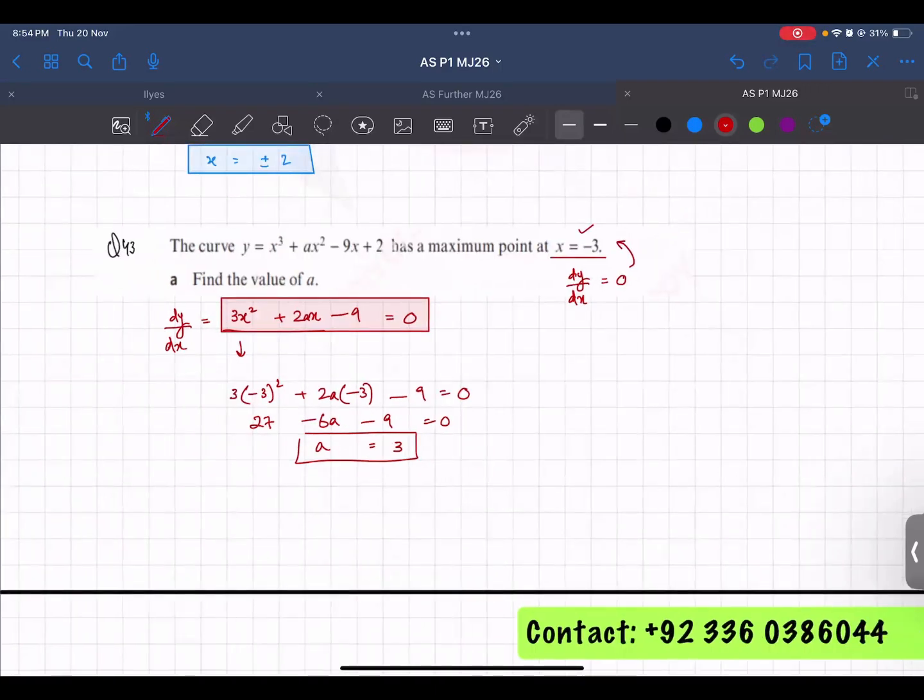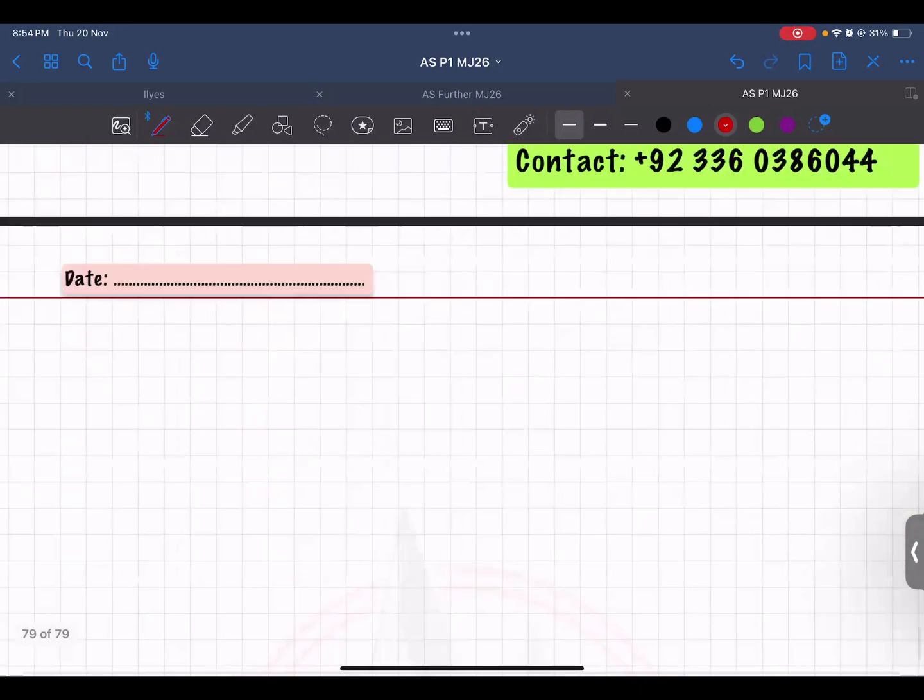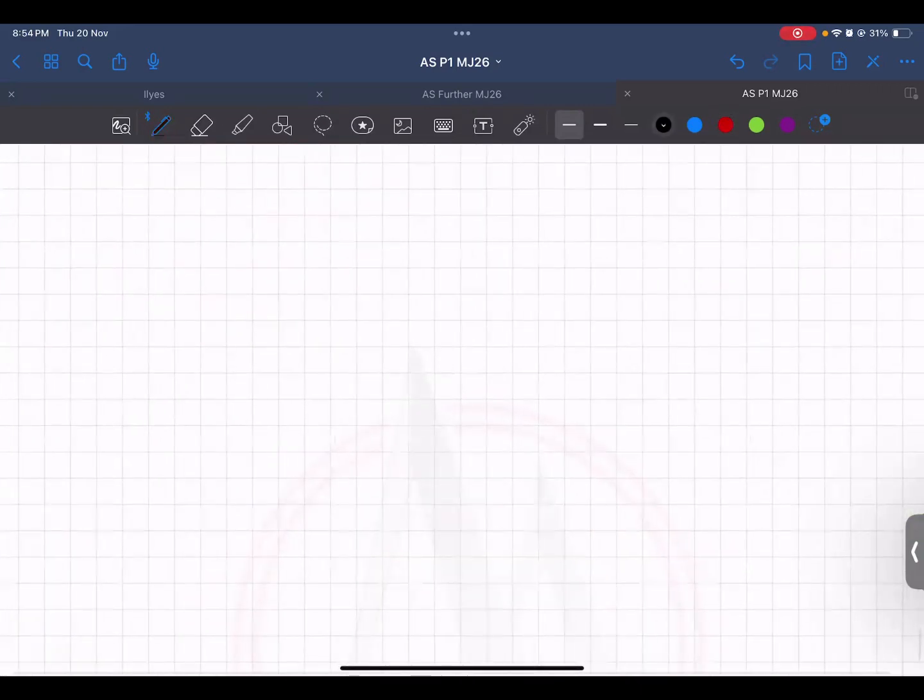Continuing, the next thing that you should know is how to know the nature of the turning point, if it is minimum or maximum. There are essentially three natures of a turning point.